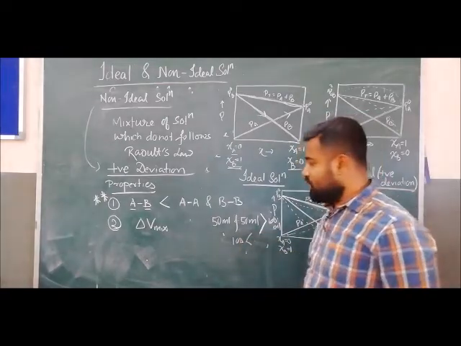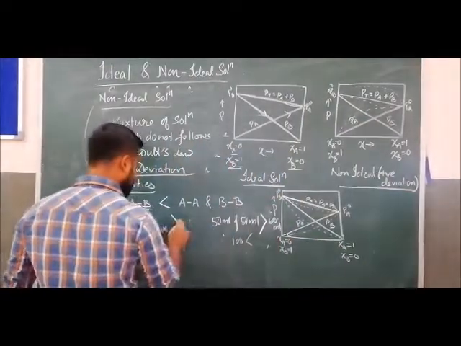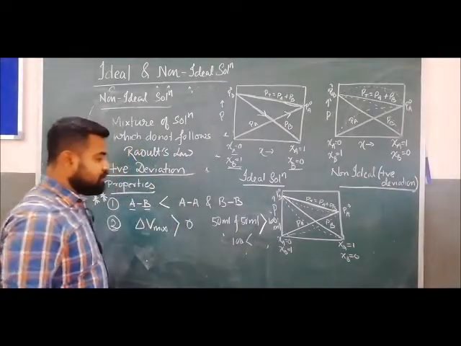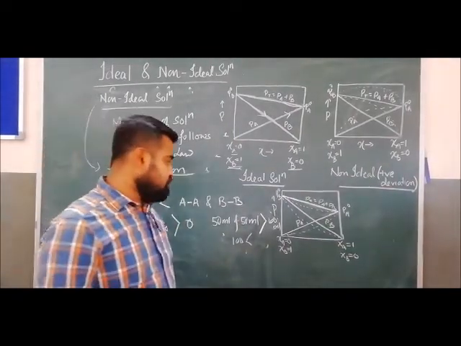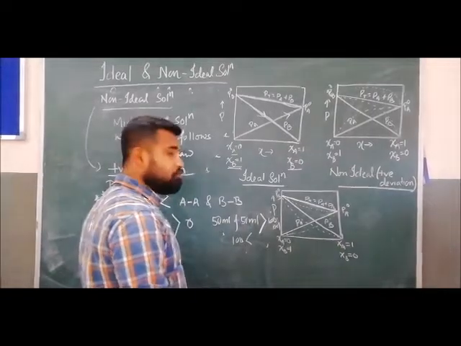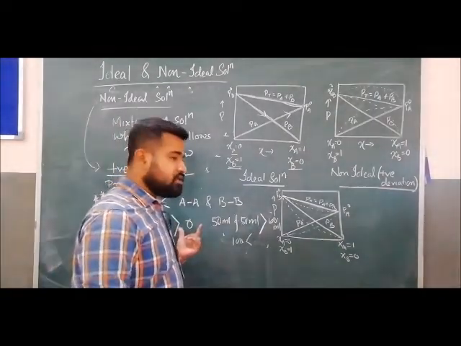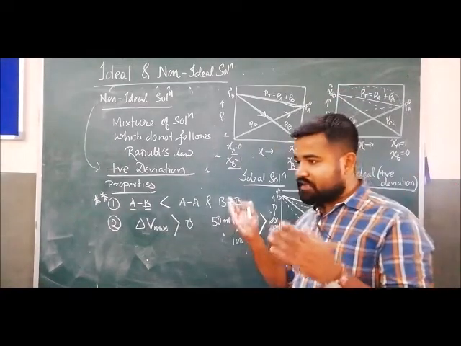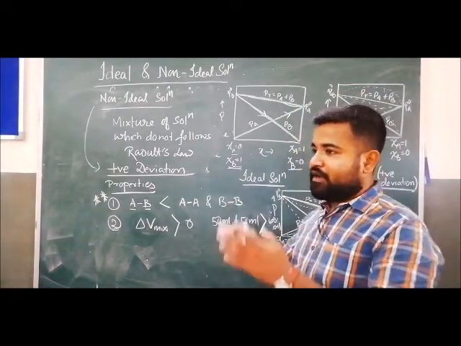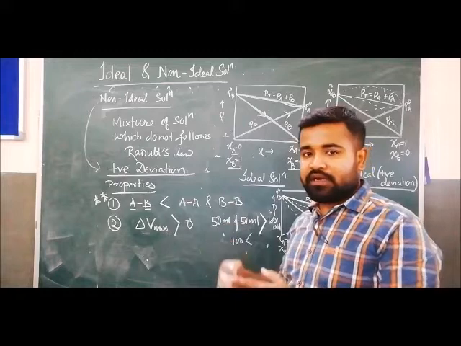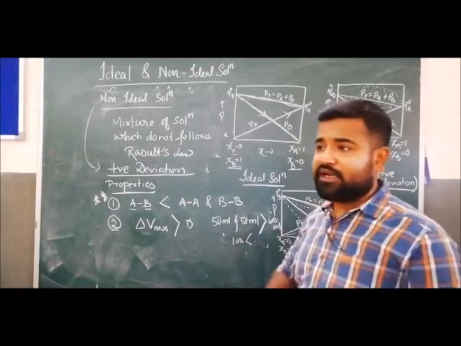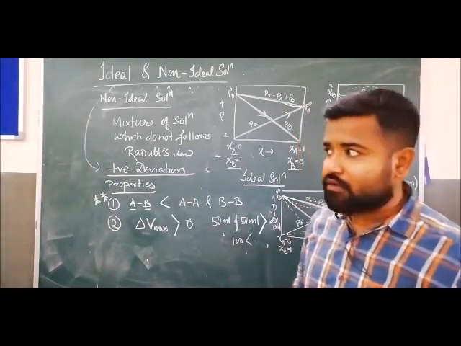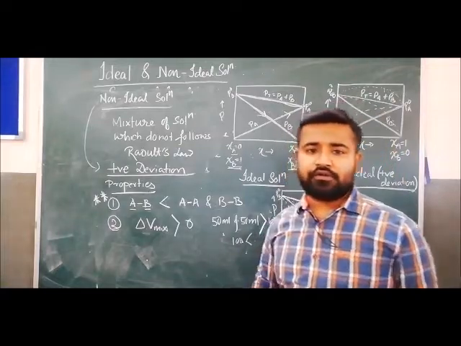So delta V mix will be greater than 0. Means the change in volume is greater than 0. When we are mixing two components, suppose 10 plus 10, it should give 20, but it gives more than 20, like 20.01, 20.02, 20.025.